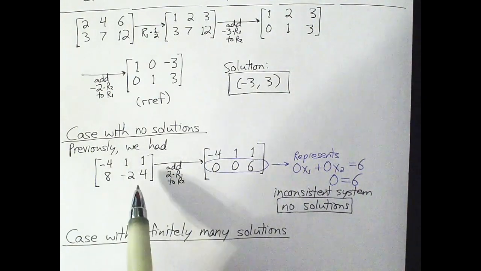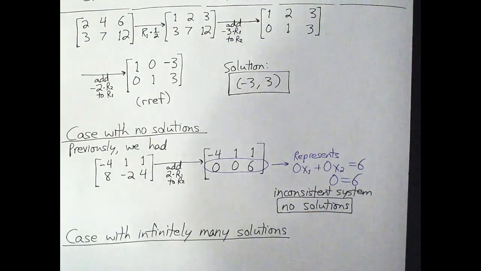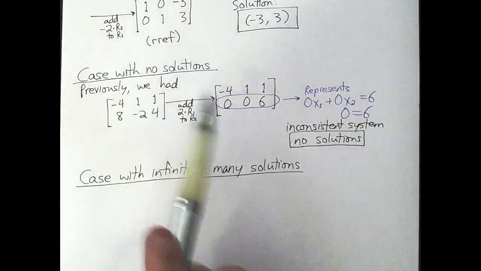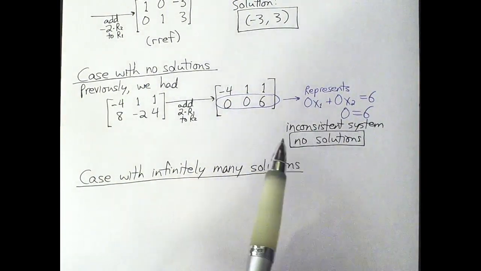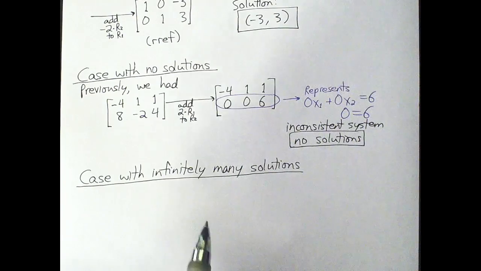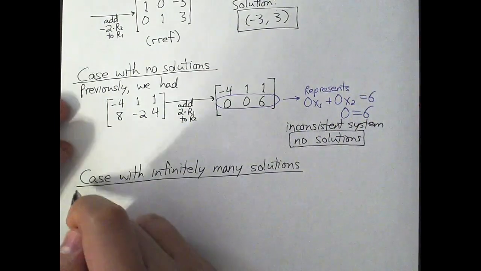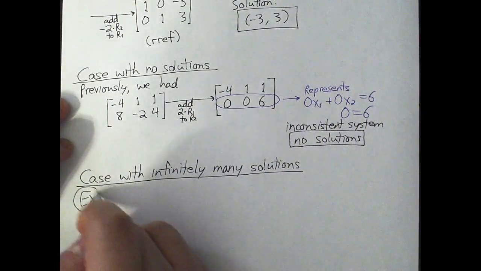Well, it turns out that they do. If you were to convert this to y equals mx plus b and try to graph them, these are 2 parallel lines. They never touch. The case with infinitely many solutions is supposed to be the case where you have 2 lines that overlap each other.